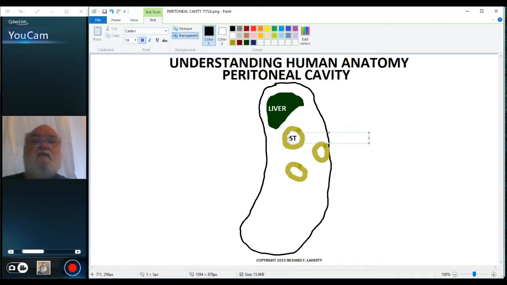Over here is the duodenum, which we'll represent with a D. And then here is the transverse colon, which we'll label with a TC.